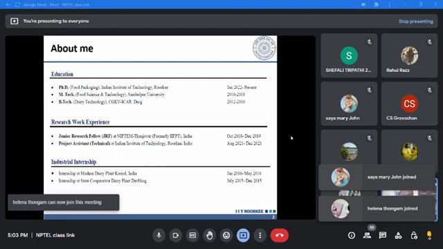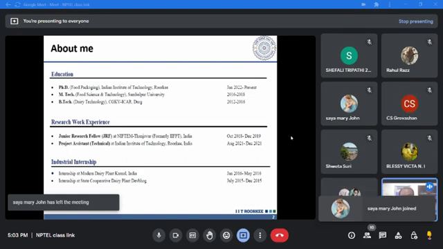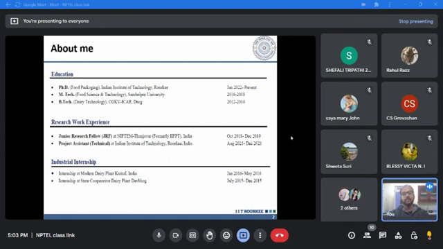Then I joined as a project assistant at IIT Roorkee Paper Technology Department. Then in January 2022, I joined as a PhD research scholar. And in May 2022, I applied for PMRF and got selected. So this is about me.